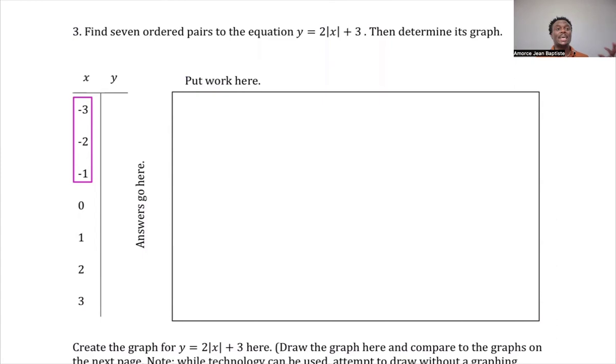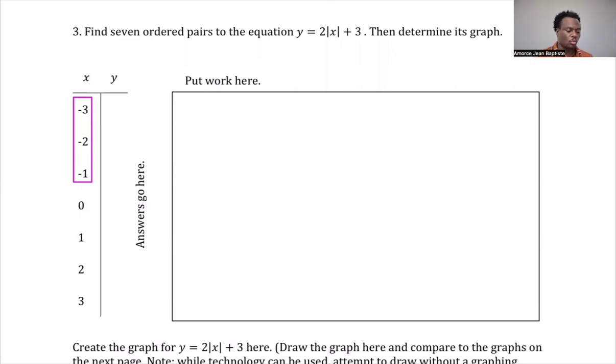The idea is to see the pattern of the function over some positive values, some negative values and 0, so I can follow the pattern and sketch the graph of the function. So that's the idea. See the pattern, start sketching using those values, and then extend the pattern that you see.